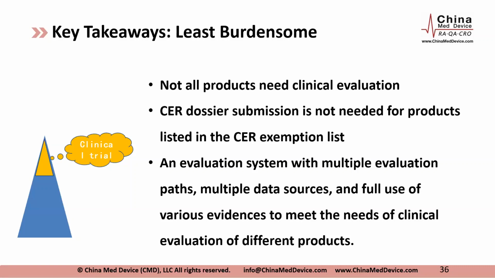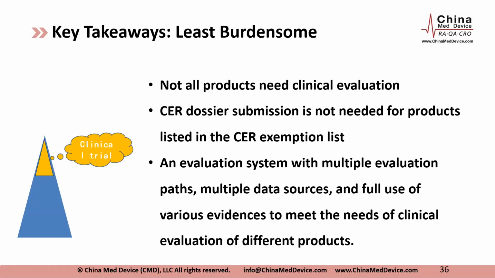Because your second generation in the US PMA does not need a clinical trial anymore, but you have the first generation data. So can you use this data? These kinds of things are explained in the clinical trial decision guidance.